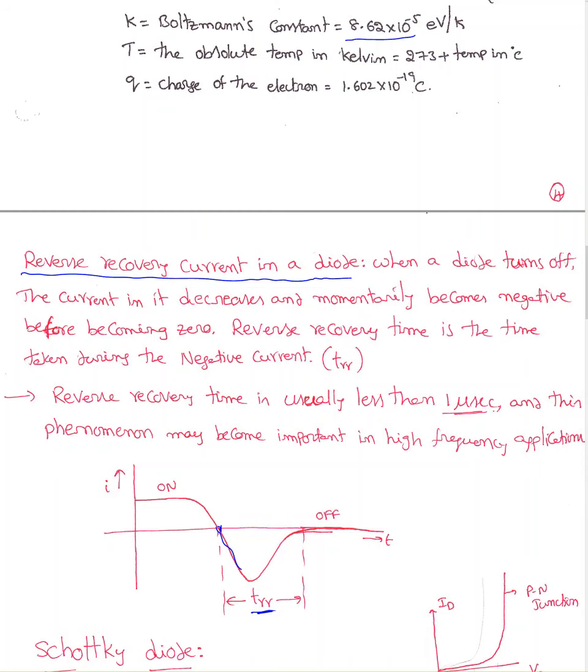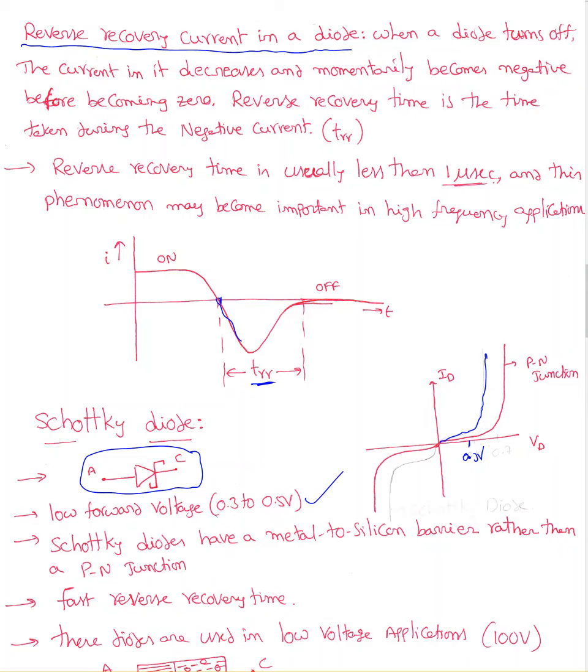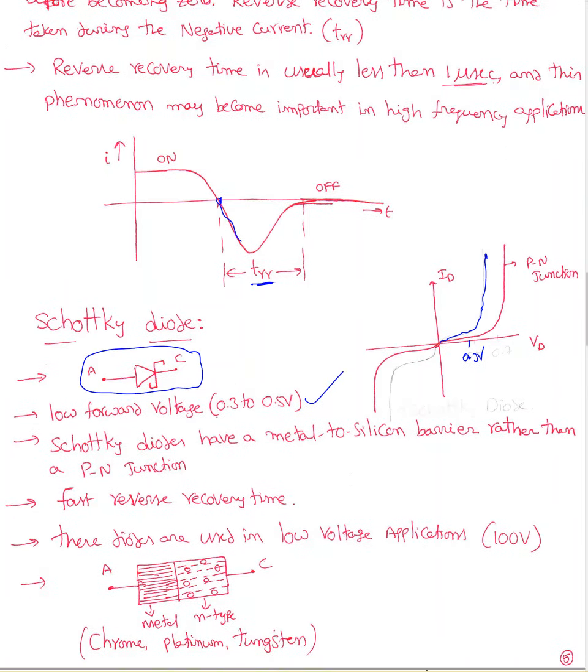Schottky diodes have a metal-to-silicon barrier rather than a PN junction. So here, instead of a PN junction, the anode is connected to a metal. This is metal, and this is n-type material, where there are more electrons.